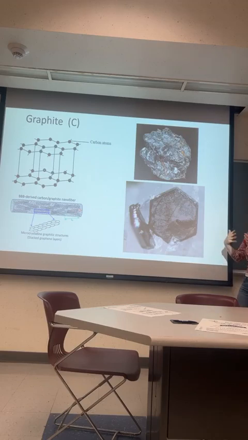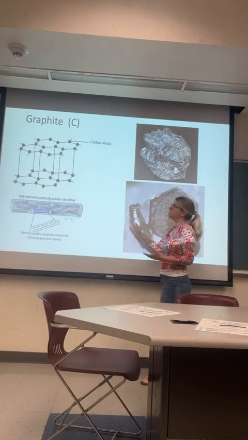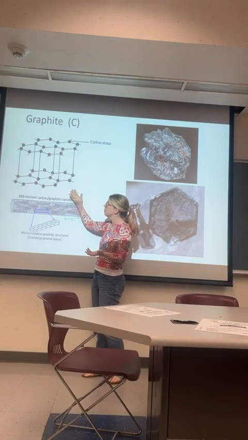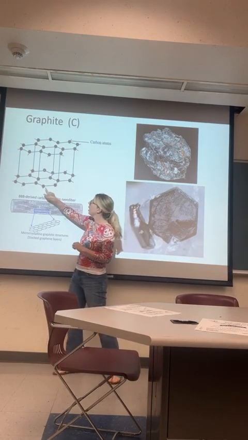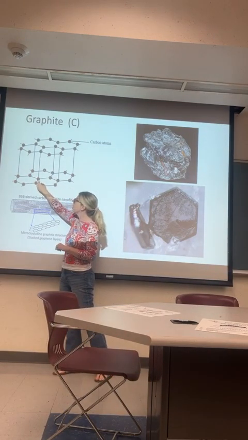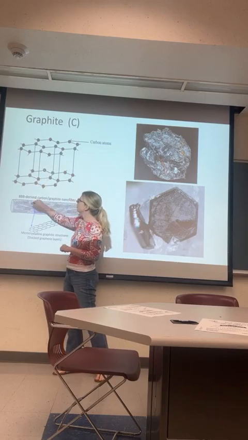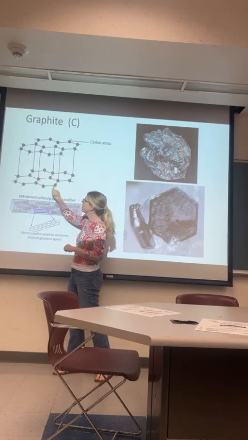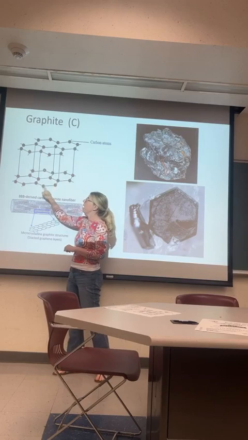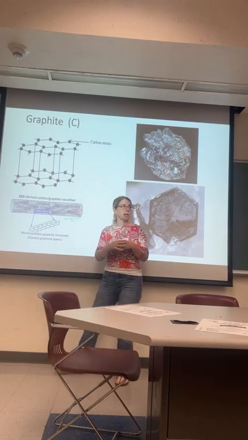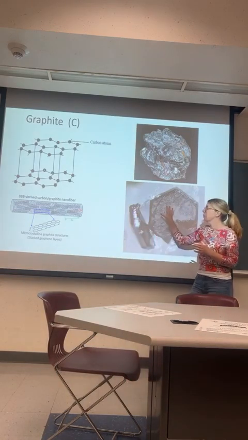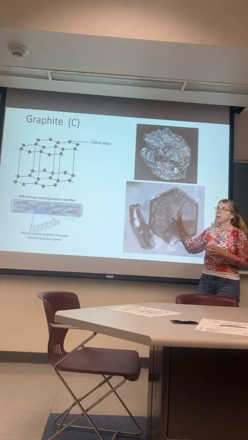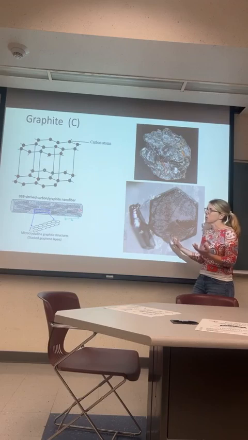And it's reflecting internal atomic arrangement right here, where graphite is pure carbon. Each carbon is bonded to 1, 2, 3 other carbons in these 6-membered rings right there. And that hexagonal form is manifested, once again, in what we see when we see a really nice graphite right here, which is a hexagon, which we don't usually see.